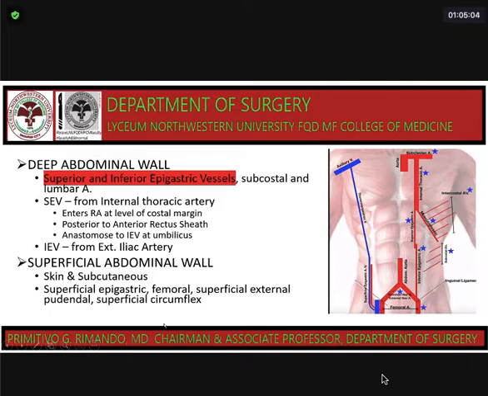For the superficial abdominal wall, you have a lot of smaller vessels giving blood supply, like your superficial epigastric, your femoral vessels, your superficial external pudendal, and your superficial circumflex. They all contribute to the vasculature of the abdominal wall.